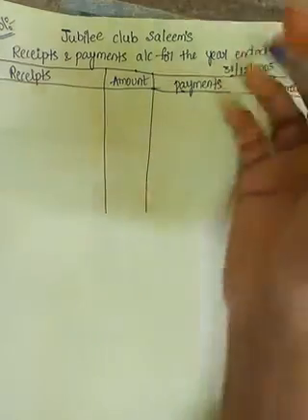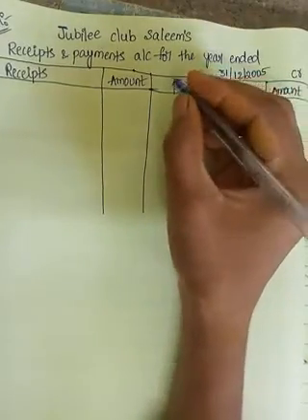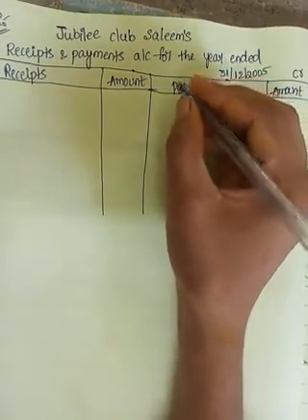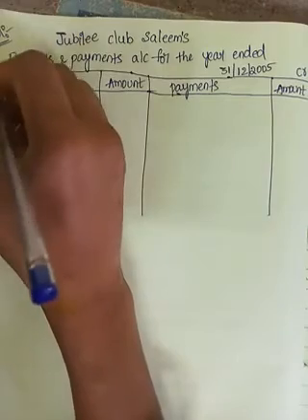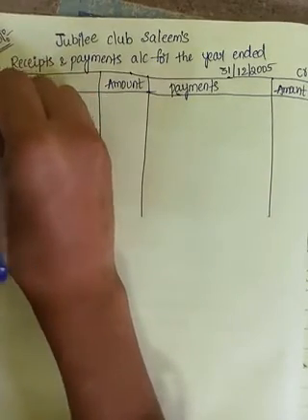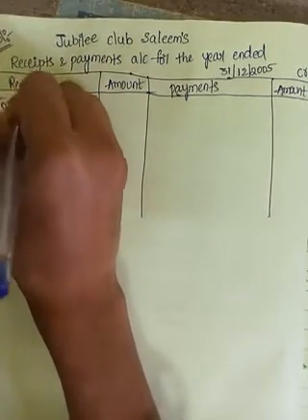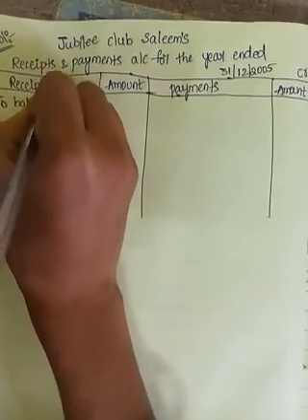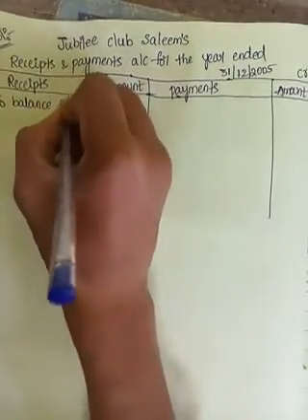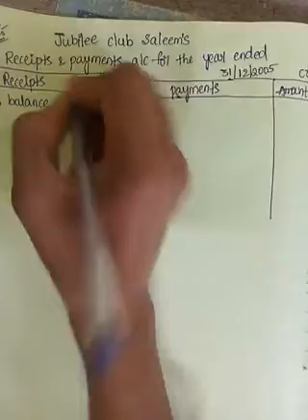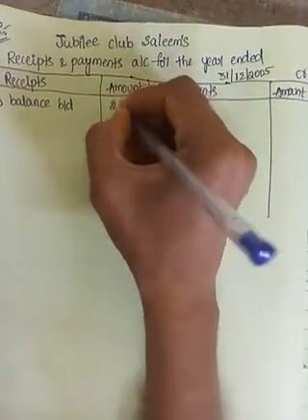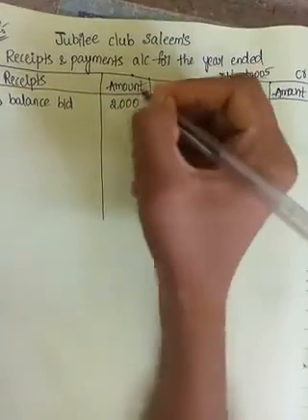Now first the cash in hand. So this cash in hand is what? Opening balance. So to balance brought down is how much? Is 2000.